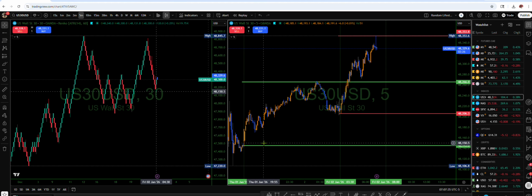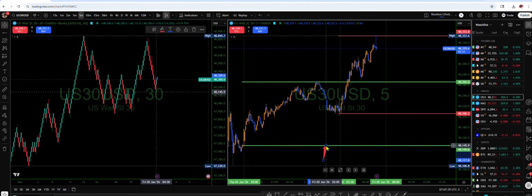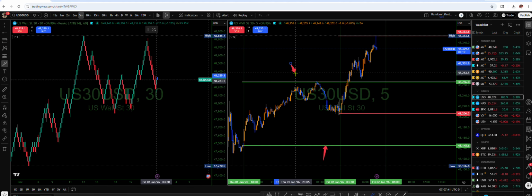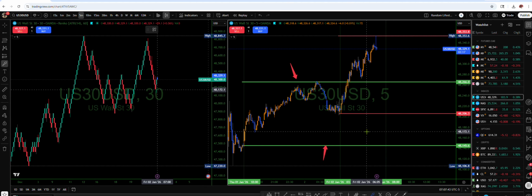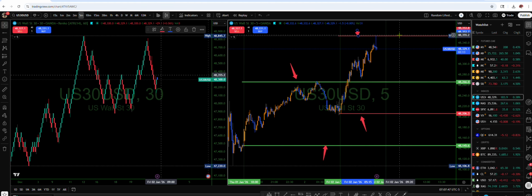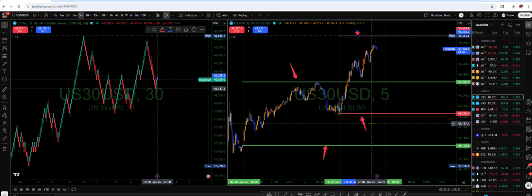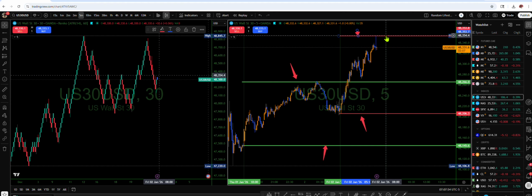Another confirmation that I have is the lower low area, which is right here, and the higher high, which is here, another lower low, which is here, and then I'm waiting for this to complete by 8 o'clock. That's the reason why I want to hold off on putting in an order until 8 o'clock, because at the end of the day, I want to see where this higher high is going to complete.